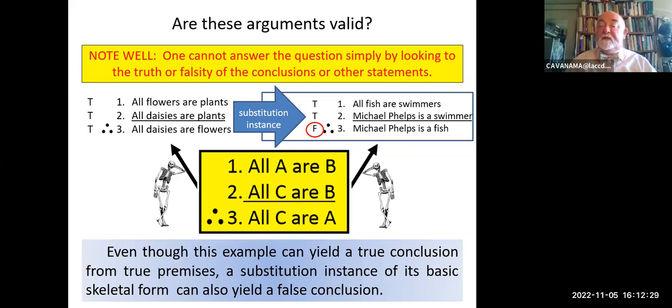We get an example of this exact same form coupled with true premises, but you can make it produce a false conclusion. Therefore it's invalid in the Michael Phelps case, but therefore it's also invalid in the flowers and plants case. And therefore, it's also invalid in every other case, no matter what actual, substantive content you plug in.